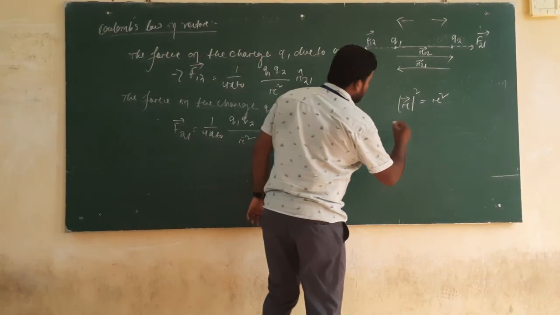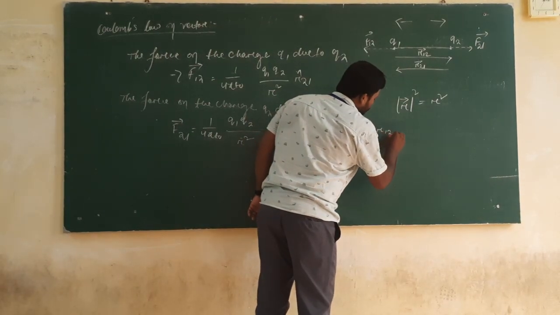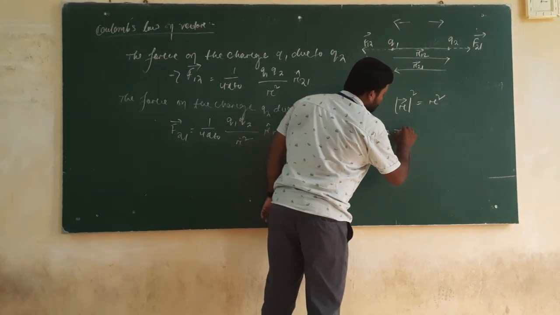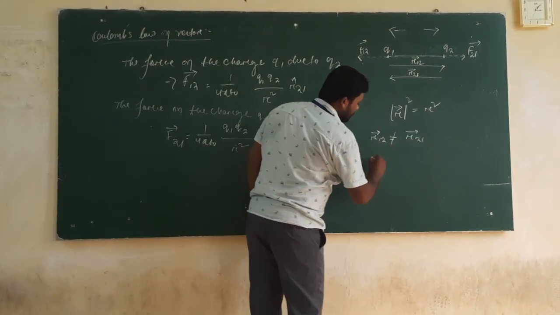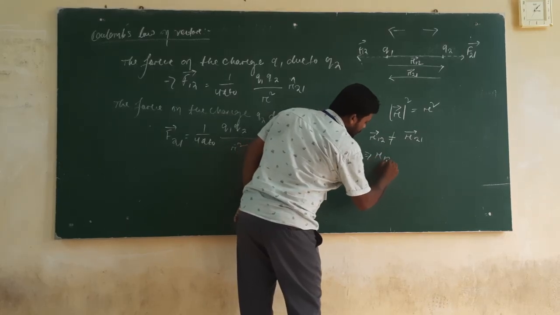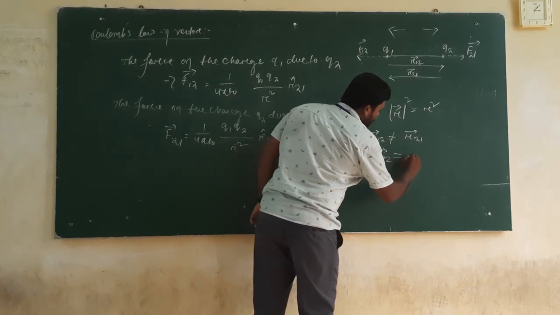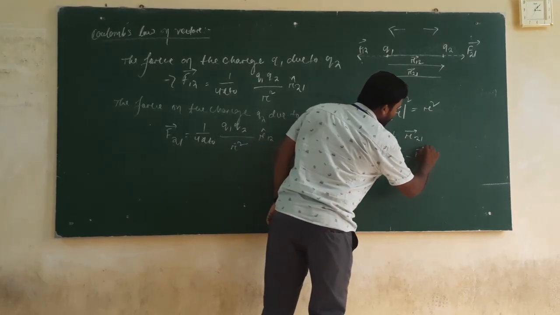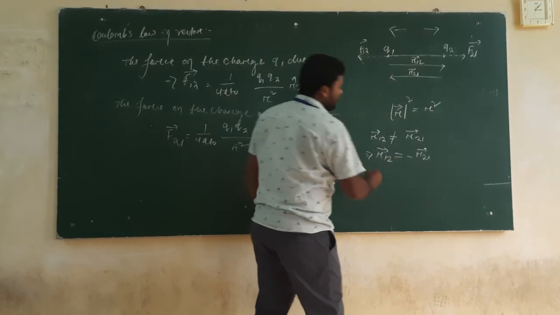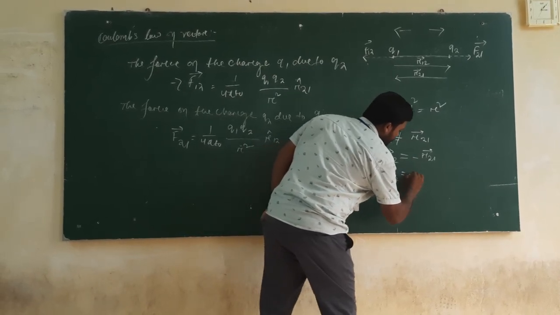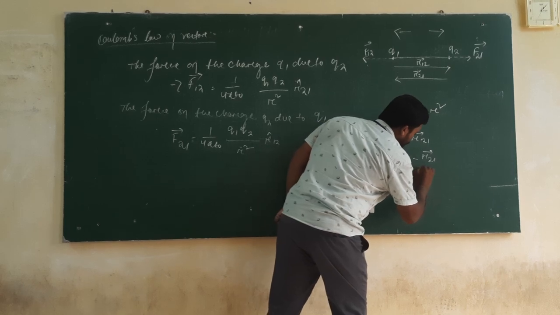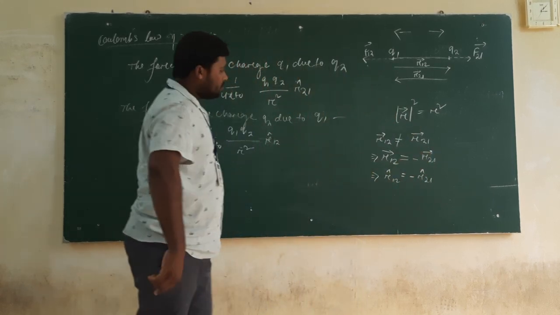So we can write that the R12 vector is not equal to the R21 vector, because the R12 vector equals minus of the R21 vector, and R12 cap is equal to minus of R21 cap.